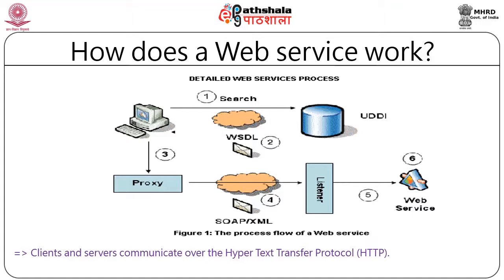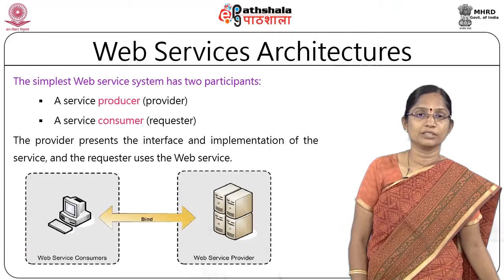A SOAP message is nothing but an XML message. The listener is the one who possesses that web service, as you can see in 5. The web service executes the processing and sends the response back to the client. So this is the whole scenario in which a web service works.